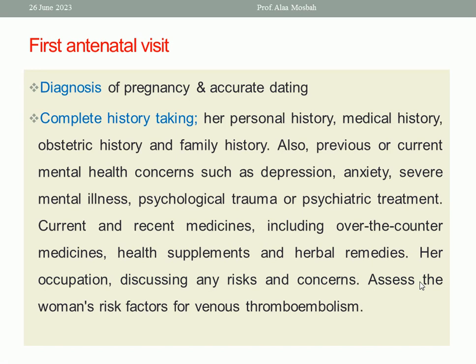Also, medical history, any drug given, past history of medical disease, mental disease, psychiatric conditions, or treatment for psychiatric disease, or any psychological trauma, history of diabetes, hypertension, epilepsy, also family history. So it is very important to take a comprehensive history, okay?